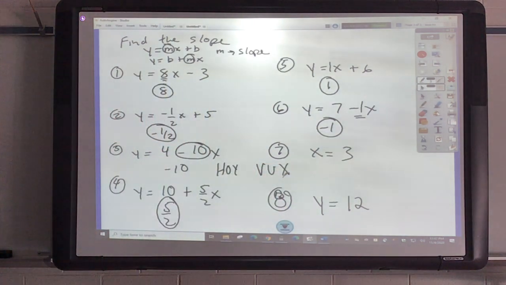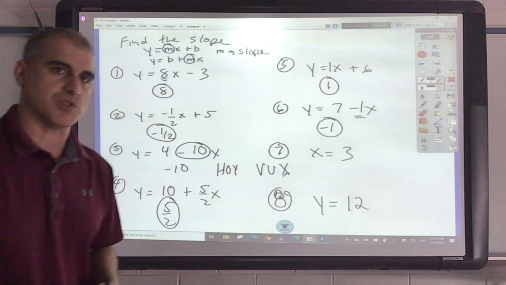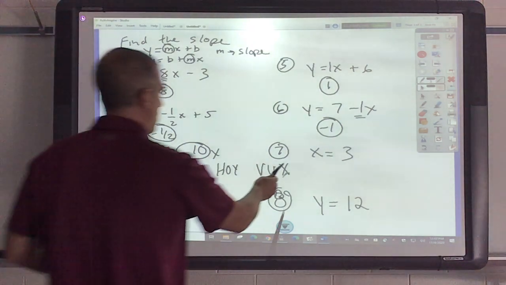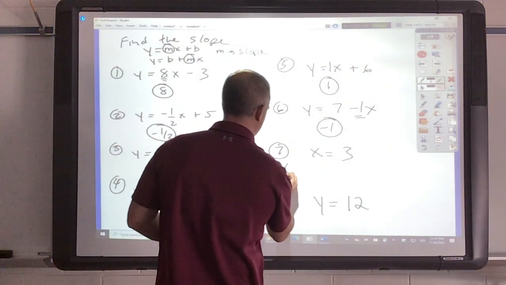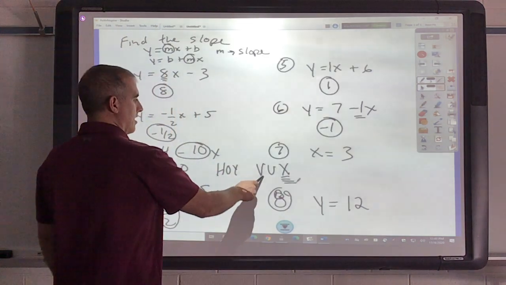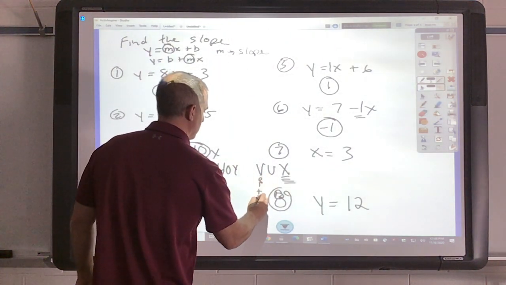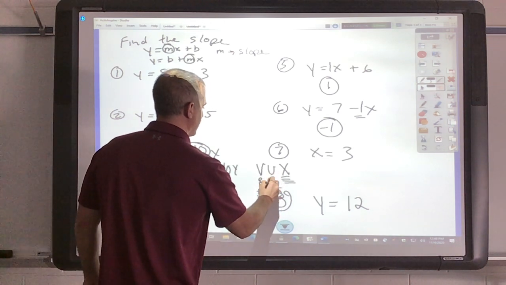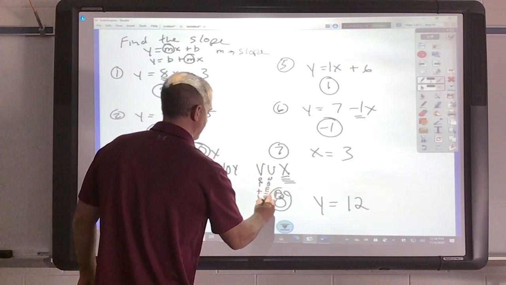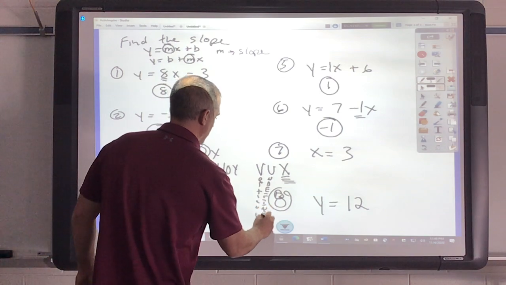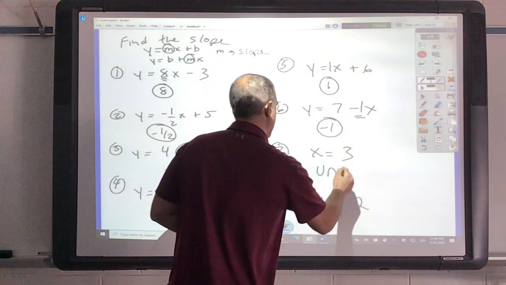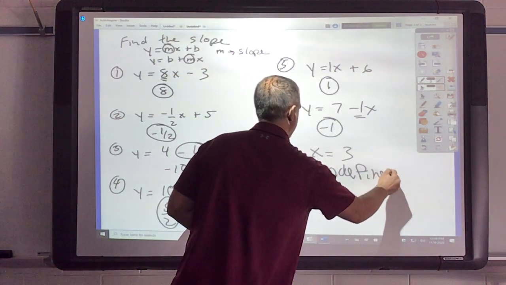These are acronyms for these special types. When you have just an x equals, the V stands for vertical, and the U stands for undefined. So my slope here is undefined.